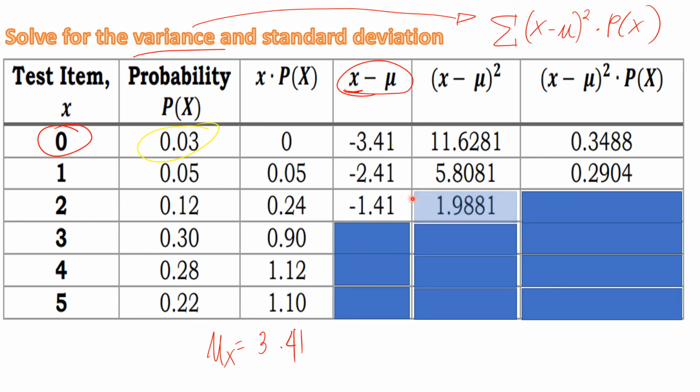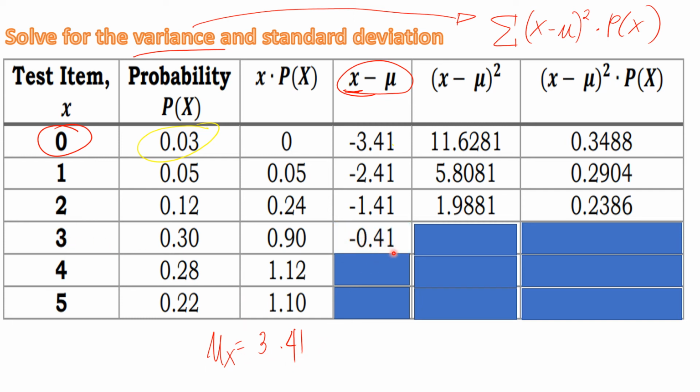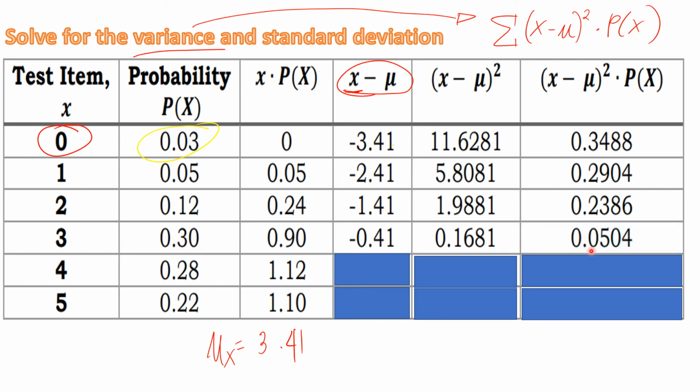Negative 1.41 squared is 1.9881, and 1.9881 times 0.12 is 0.2386. For x equals 3, that's 3 minus 3.41, which is negative 0.41. Then squared is 0.1681, times 0.30 is equal to 0.0504.